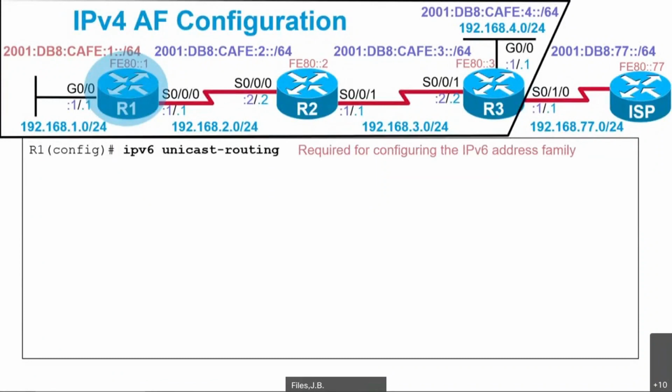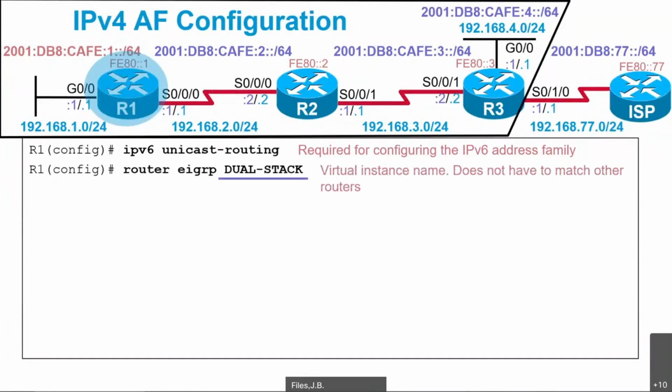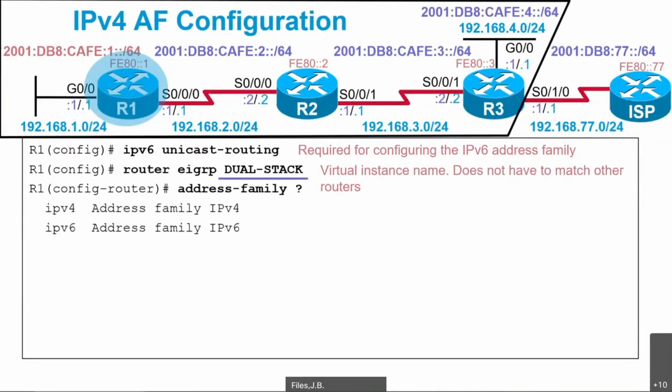Okay. So this turns on the IPv6 router magic powers. Okay. And then we're going to go into named configuration mode. So we're going to name it something. Router EIGRP dual stack. Okay. So this does not have to match other routers. And then we're going to go into the address family. If we hit the question mark, we've got two choices, IPv4 and IPv6.